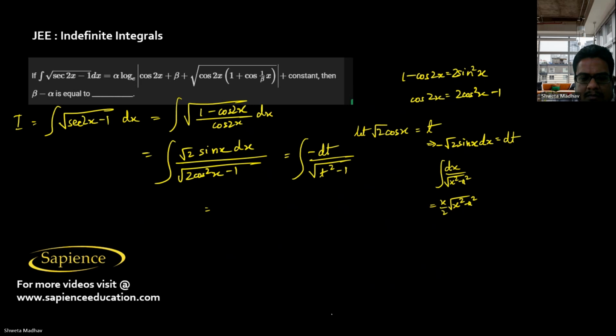Sorry, this will actually be the integral of dy by root over y square minus a square, which will obviously be log of mod y plus root over y square minus a square plus c.